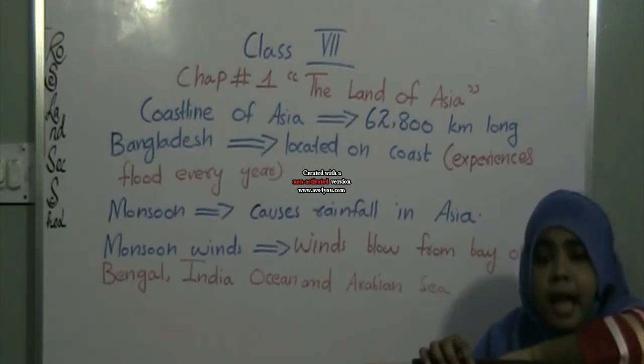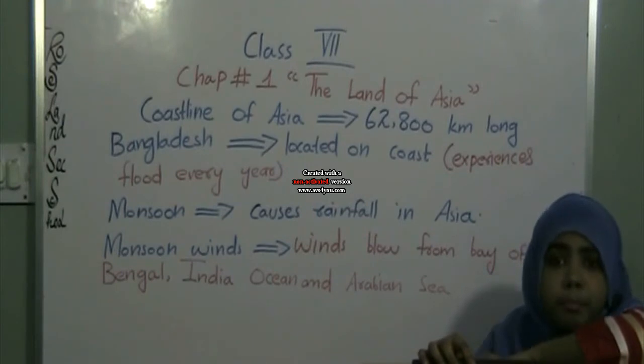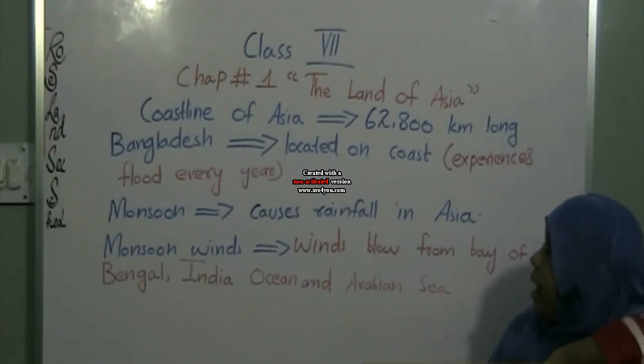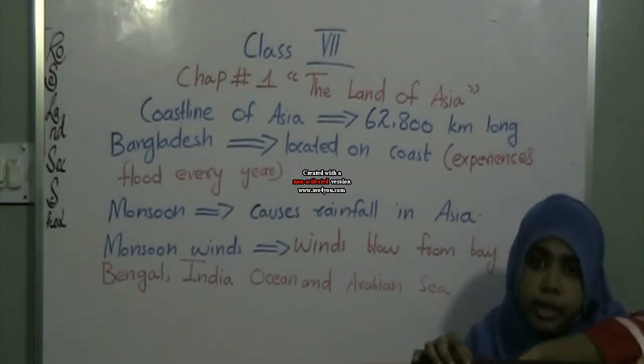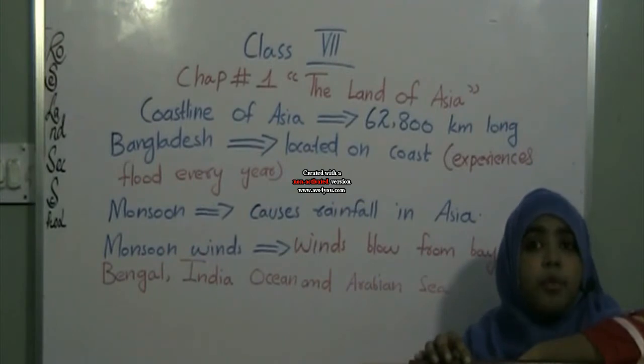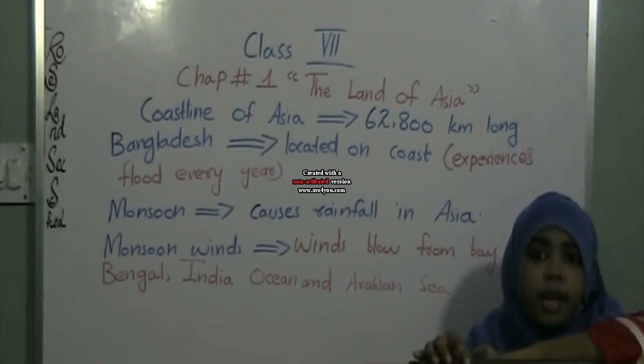As monsoons are periodical winds, they blow regularly at a specific time of the year. We have 2 types of monsoon winds, the summer monsoon winds and the winter monsoon winds. The monsoon wind which causes rainfall in Asia is the summer monsoon.